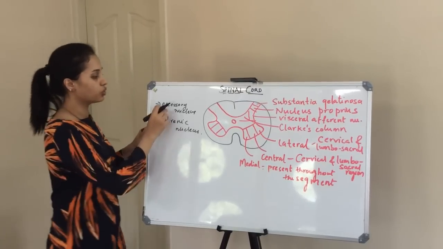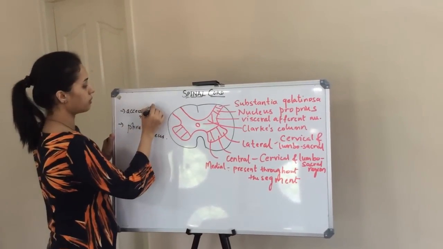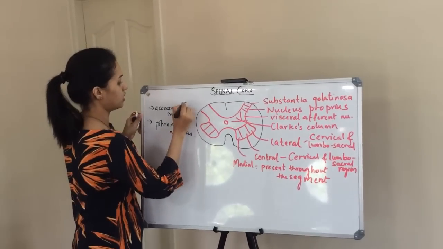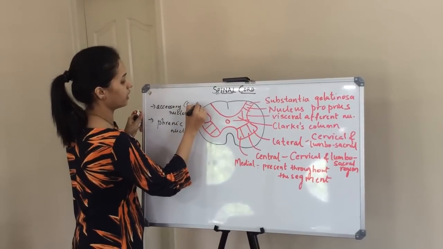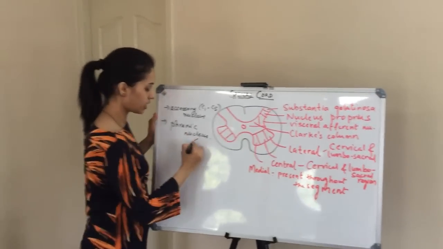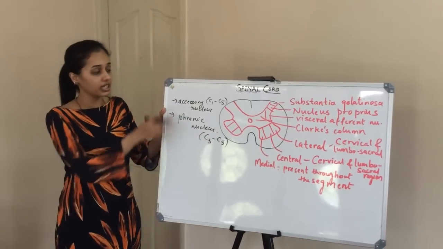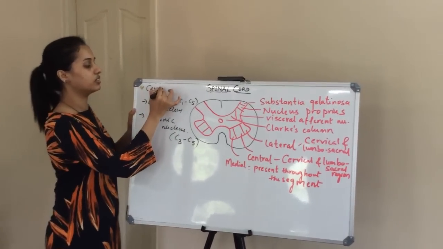So the accessory nucleus, this group of cell bodies, is mainly distributed from C1 to C5. And the phrenic nucleus is from C3 to C5, which are mainly present at the cervical region.